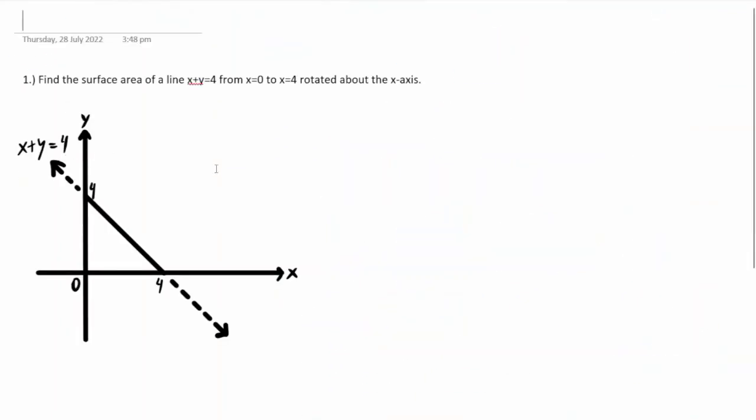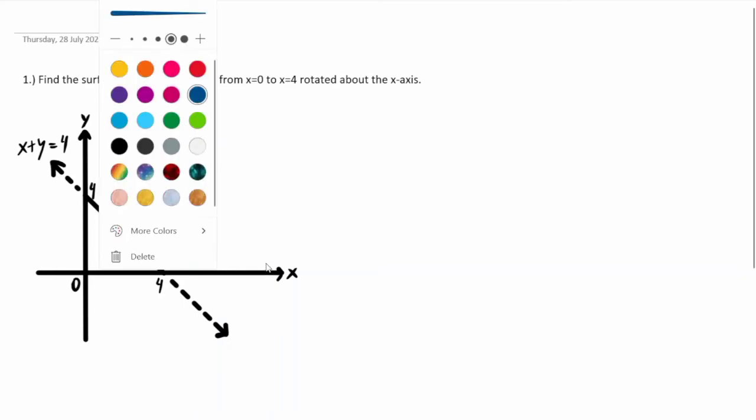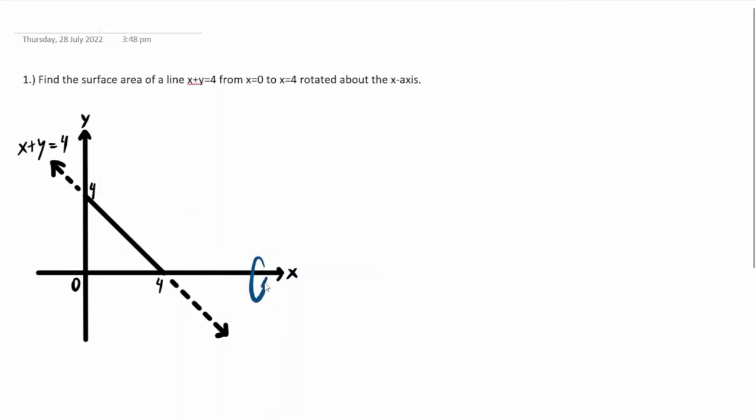So we have here the first problem. Find the surface area of the line x plus y equals 4 from x equals 0 to x equals 4, rotated about the x-axis. So this is our axis of rotation. You can see here, this is our graph, this is our line.